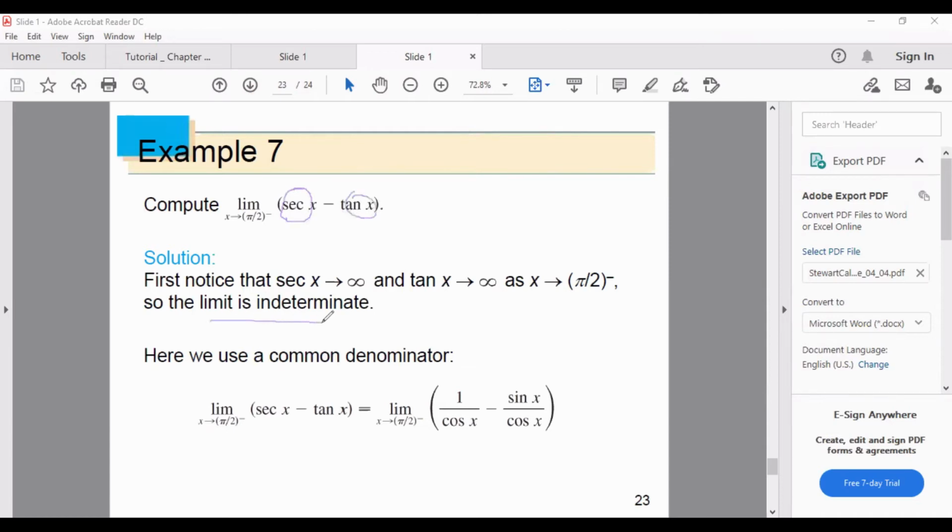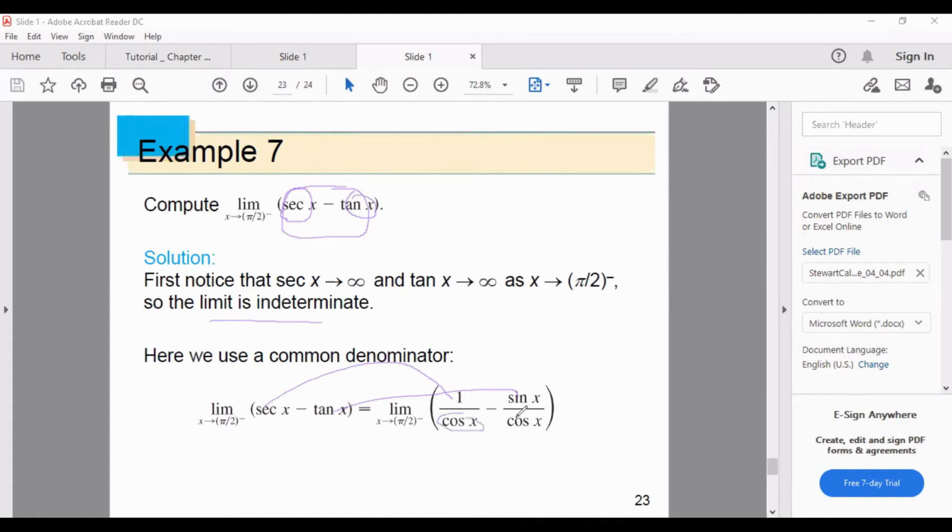Then it's an indeterminate limit. However, we can write this expression as a fraction. Why? By using the fact that sec x equals 1 over cosine x and tan x equals sine over cosine. In this expression, we have a common denominator, which is cosine x.